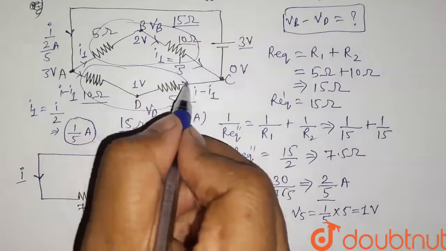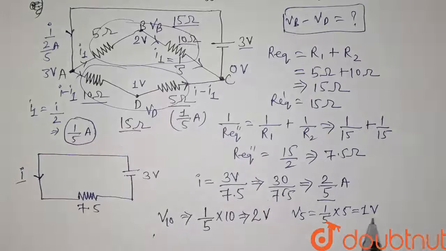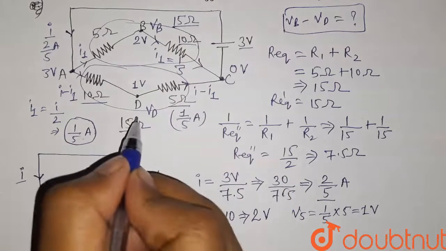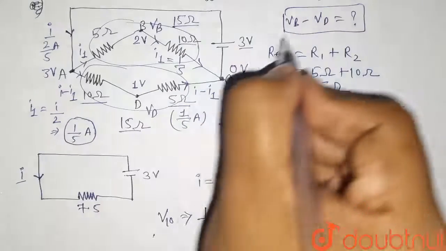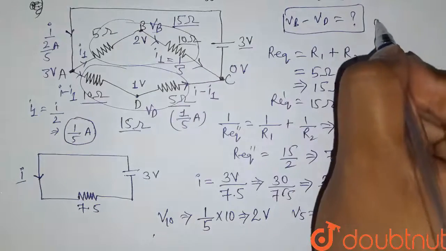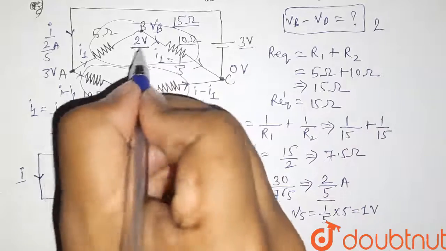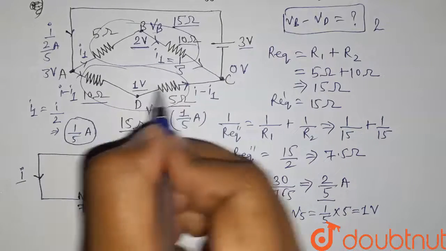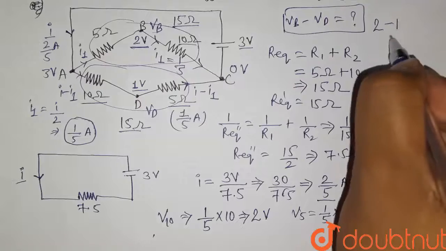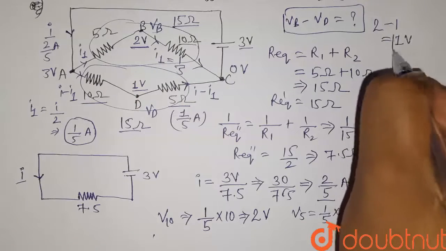Now we have to find the value of VB minus VD. The value of VB here is 2 volt that we have just calculated, and VD is 1 volt. So VB, 2, minus VD, 1, will be equal to 1 volt.